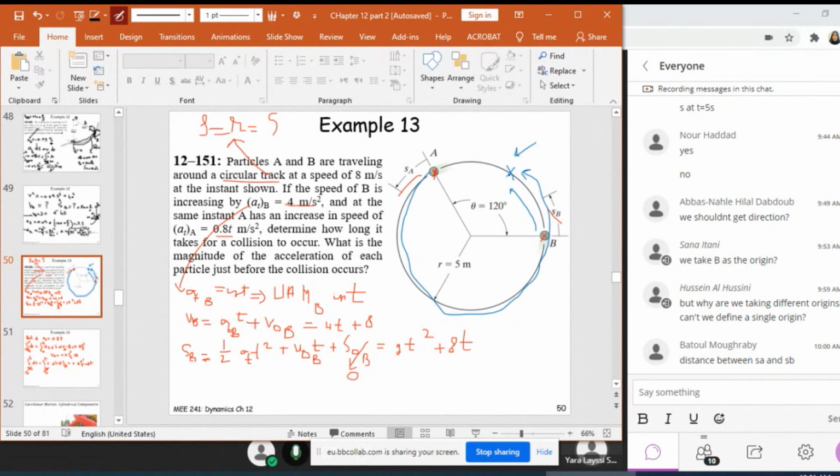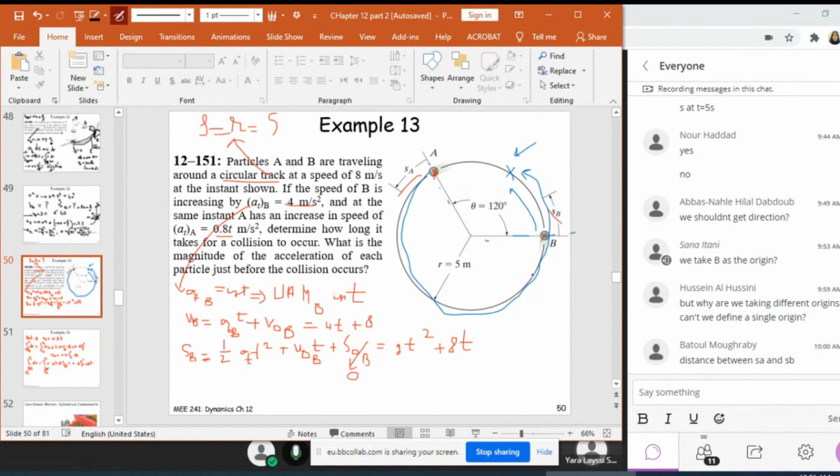If the collision occurs here, what should I have, guys? This means that SA minus SB will be equal to what? It will be equal to this arc here, from A0 to B0. If you do the subtraction, then you're going to have this remaining arc from this point to this point.